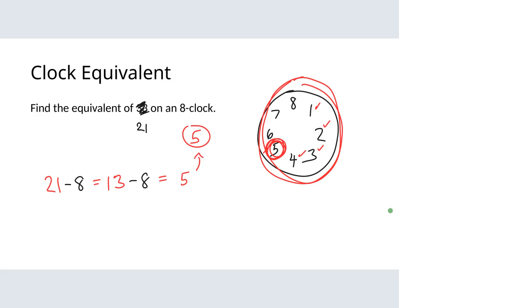Something that just occurred to me is we've been doing so many 8s, and I said it out loud that the clock doesn't necessarily have to have 8. I want to just kind of change it up a little bit and try one more with you here. How about you do this one?